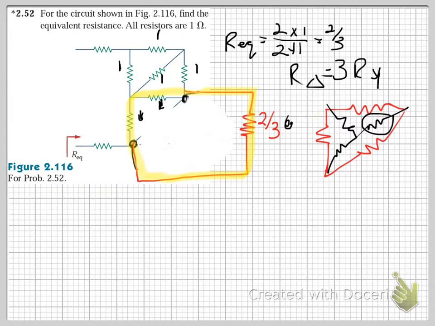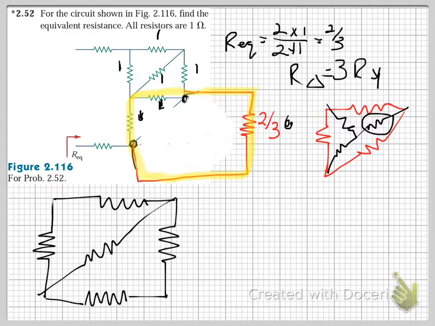It's not even intuitiveness, it's just pure and utter laziness. I'm too lazy to write down those equations and type them into my calculator. So I'm going to go the easier route, which is trying to transform this delta into a Y. Let us see how that goes.